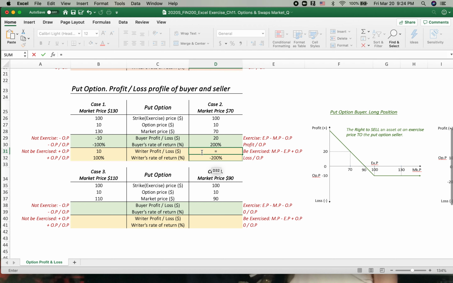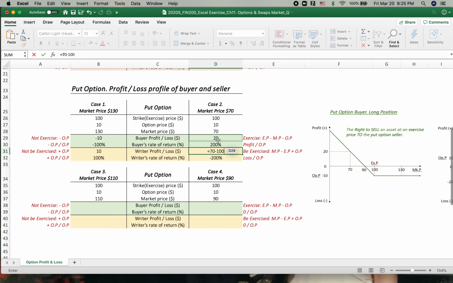The market price is $70, but you have to buy, as a put option writer, the underlying asset based on the strike price in the contract, $100. Even though the market price went down to $70, you have to buy at the $100 exercise price because you don't have any right as a put option writer. You have an obligation depending on the actions of the put option buyer.